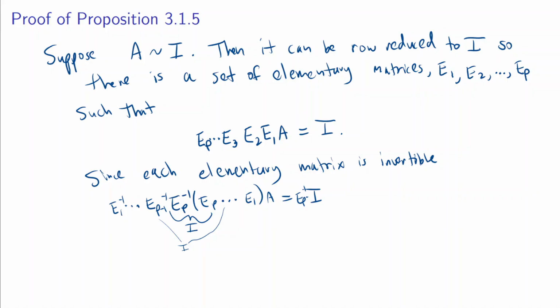And I'll also perform each of those multiplications on the left-hand side. So what we see here when we simplify all this down is that A is just equivalent to E1 inverse, dot, dot, dot, down to EP inverse times I, which is just that. Okay. Now we know this is the product of a whole bunch of invertible matrices.